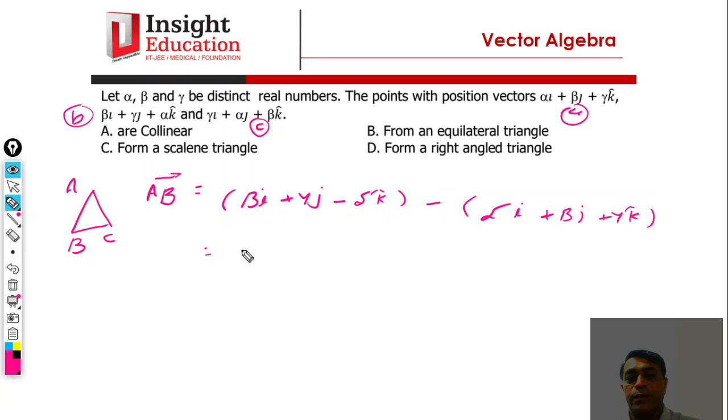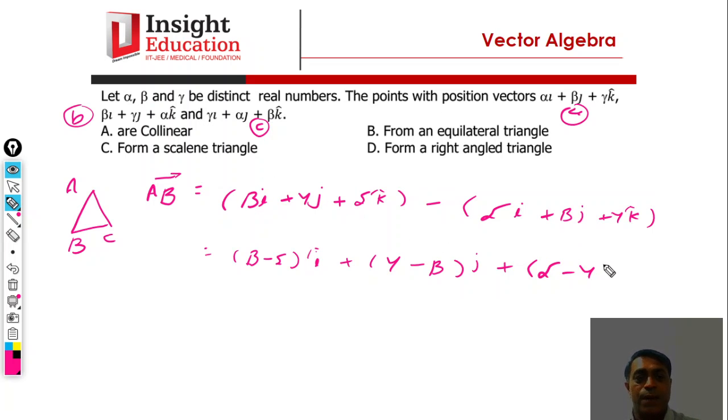So I can write beta minus alpha i plus gamma minus beta j plus alpha minus gamma k. So this is AB.